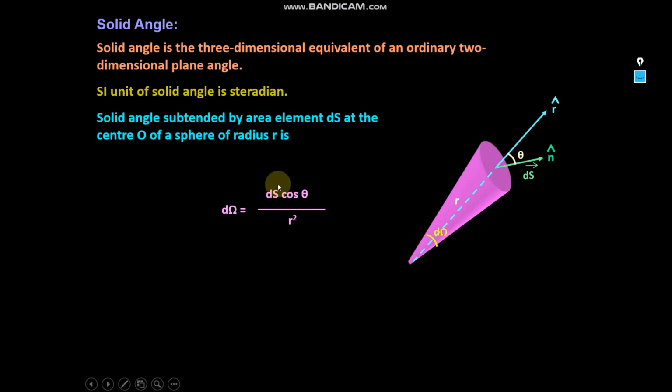That is, the area of the surface divided by r square, where r is the distance from the vertex to the surface. So omega in steradian will be the integration of d omega over the whole surface, which is dS cos theta by r square, and if we solve this you will get 4 pi steradian.